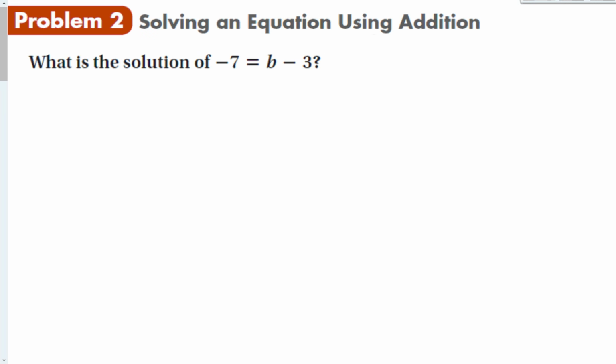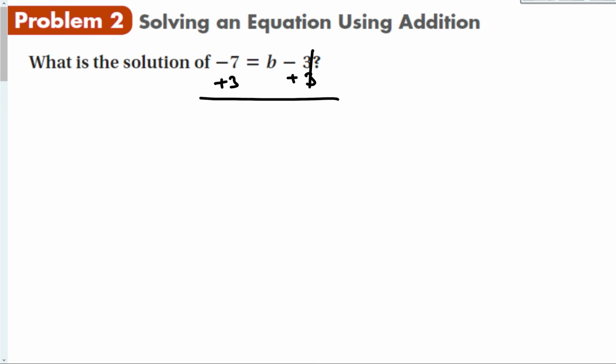With problem 2, now we see our variable on the right side, which is fine, but I also see now that I have a subtraction, b minus 3. Okay? So in order to get b by itself, I want to do the opposite. I want to add 3 to the right side, which means I have to add 3 to the left side.